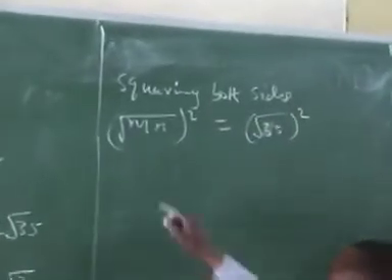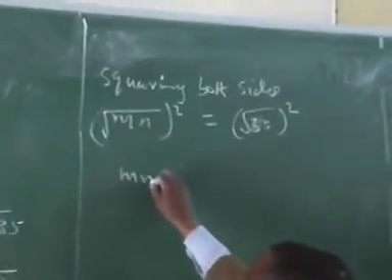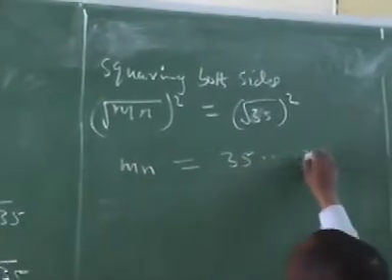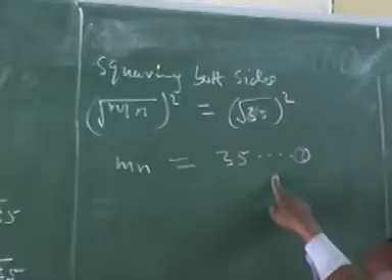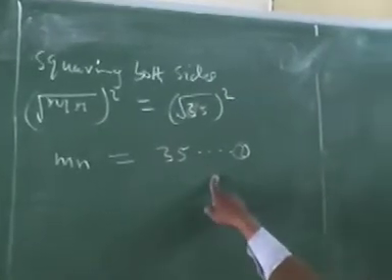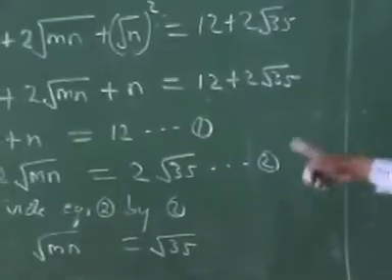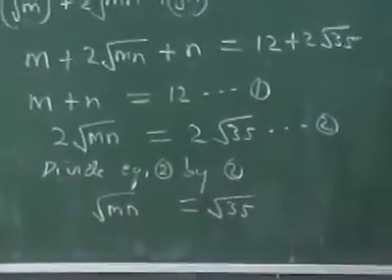Of course, that will give us that mn is equal to 35. So original equation 2 now becomes like this.